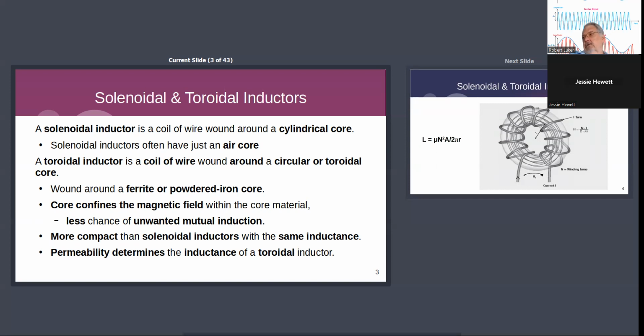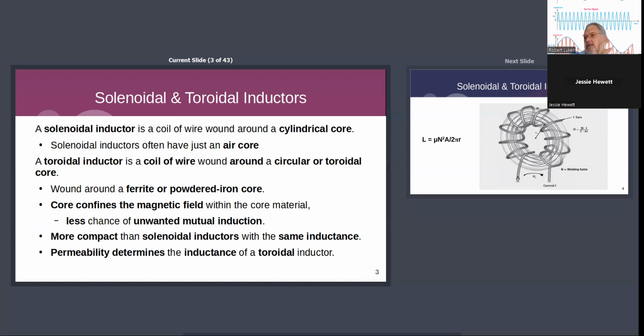The other real difference is that for the same amount of inductance, it turns out to be a physically smaller package. The inductance is really based on the permeability. So if they have the same core, the permeability will be the same. And then it's the length, the number of turns, and the cross-sectional area.